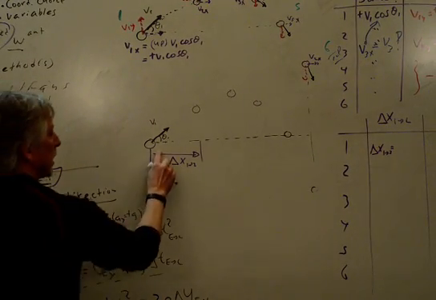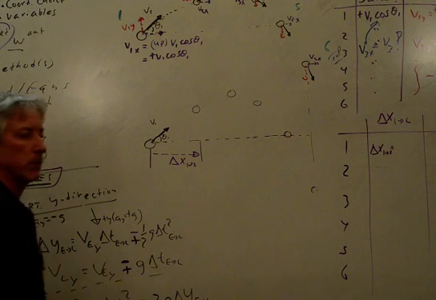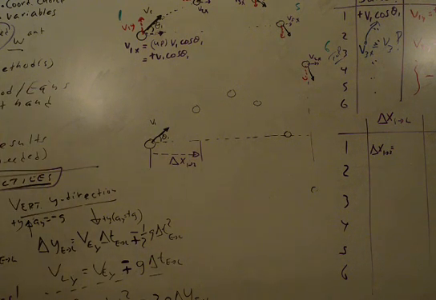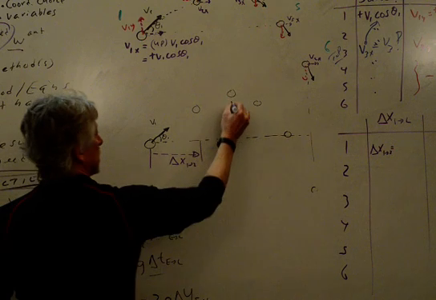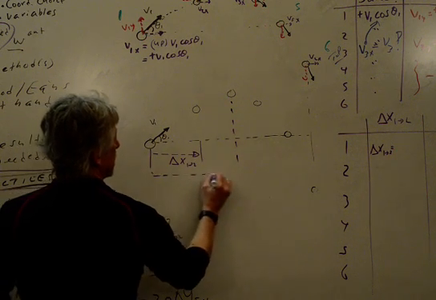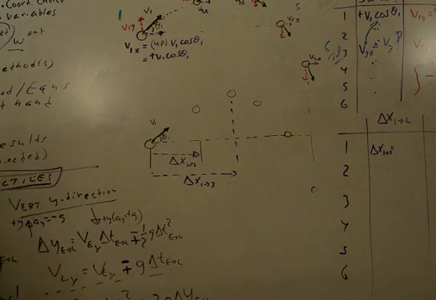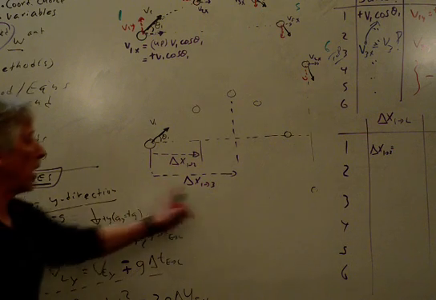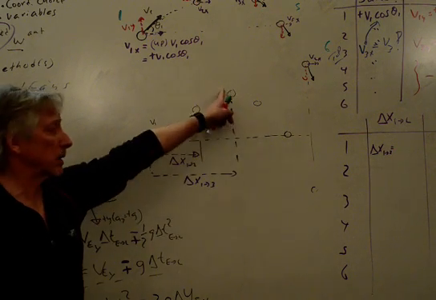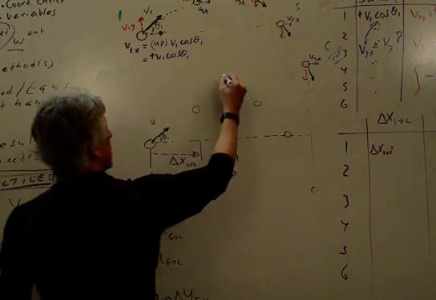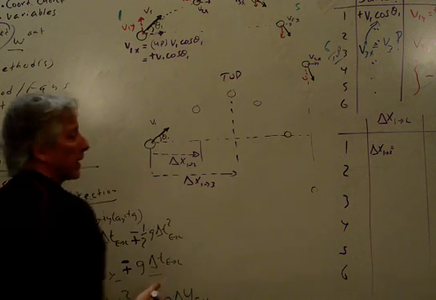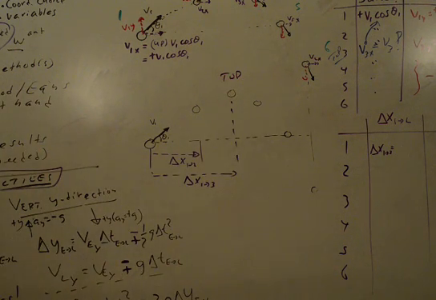And again, I like to do dashes for my components. Where's delta x 1 to 3? Well, it's just delta x 1 to 3. Now there's going to be some meat in here in just a second. You want to know how far you went sideways to get to the top. This is still the top. Well, that's it. How does it work out? I don't know. We'll fit all our information into our method and see how it works.